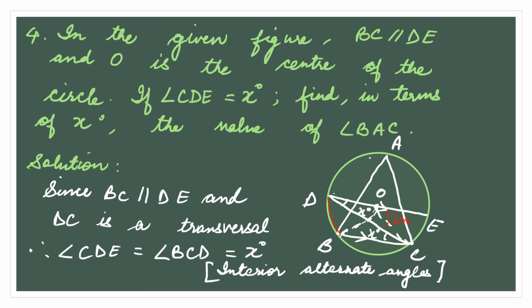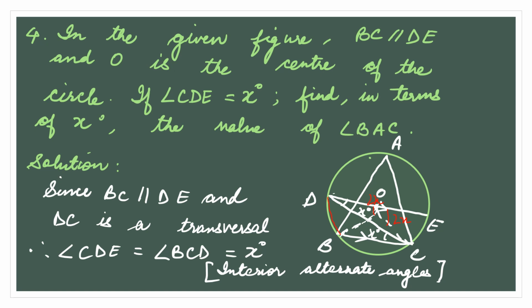BOD will be equal to 2 times BCD, which will also be equal to 2x, right, children? Because it is subtending at the center and at the circumference. So the same thing I have done.